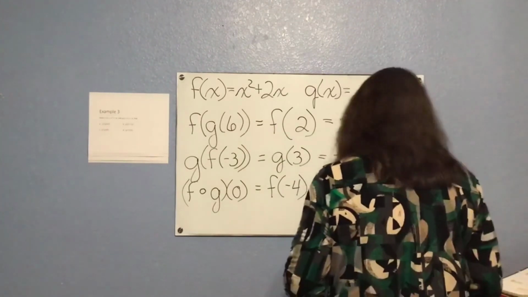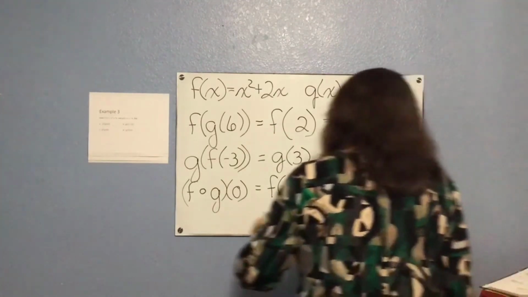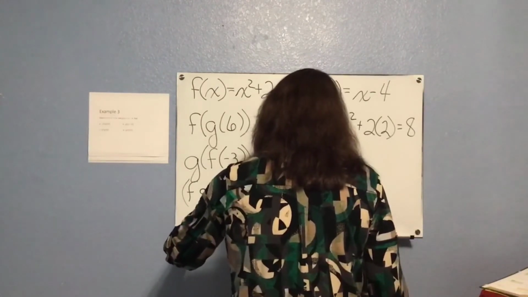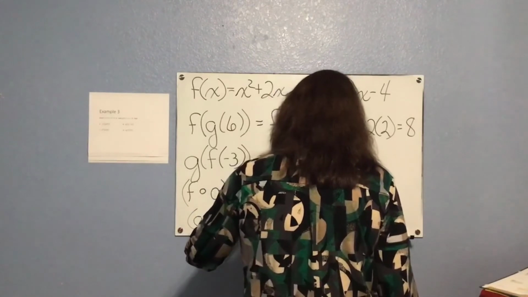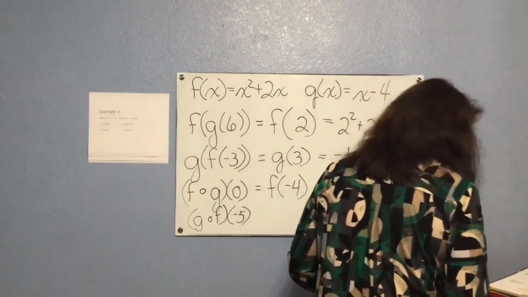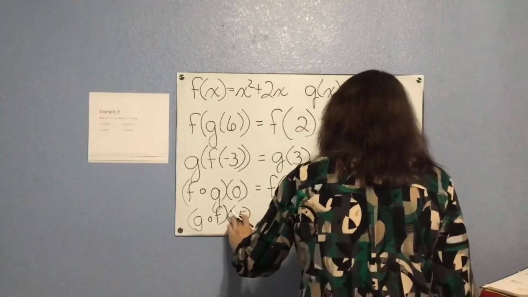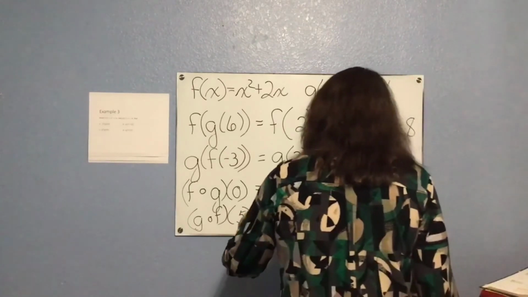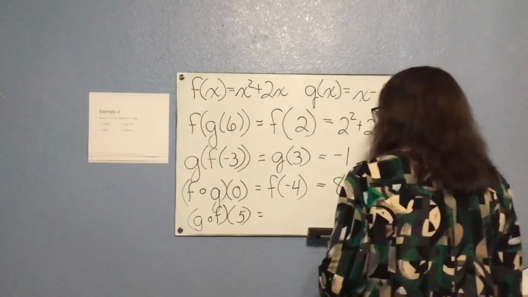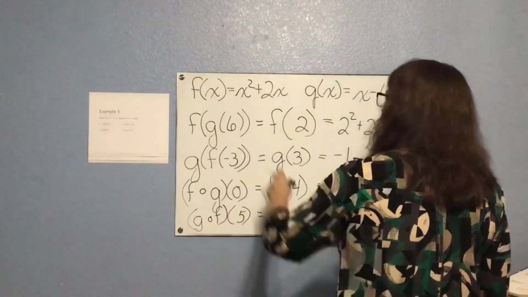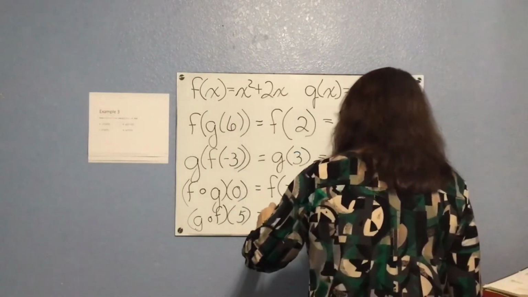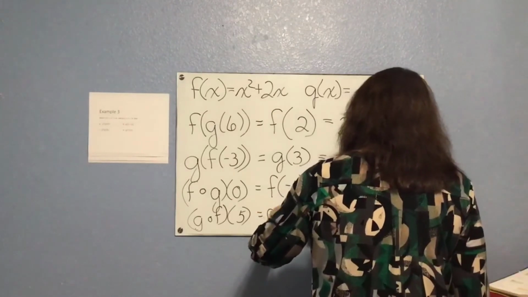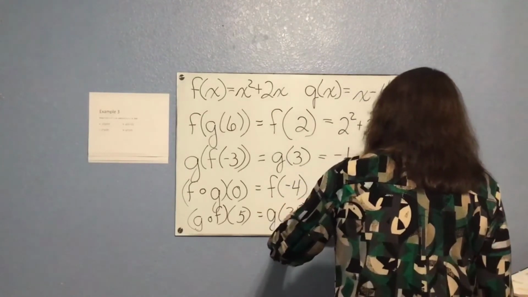Okay, one more. We're going to do g of f of negative 5. I'm sorry, positive 5. So I start with f. f of 5 would be 25 plus 10, so that's 35. So I have g of 35.